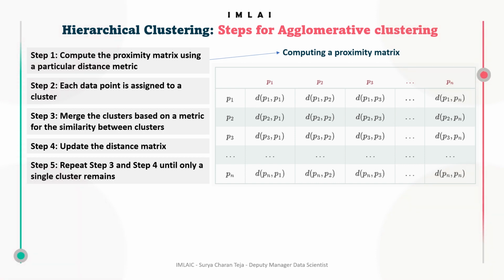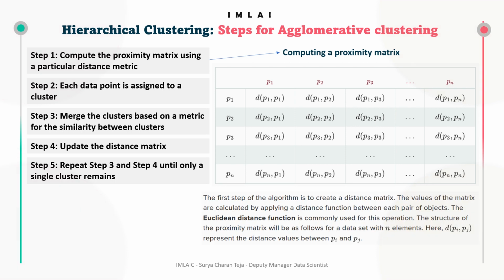You can see the combinations on your screen, and you have to calculate the distance between each pair, and with that you can make a proximity matrix. So the first step of the algorithm is to create a distance matrix. The values of the matrix are calculated by applying a distance function between each pair of objects.